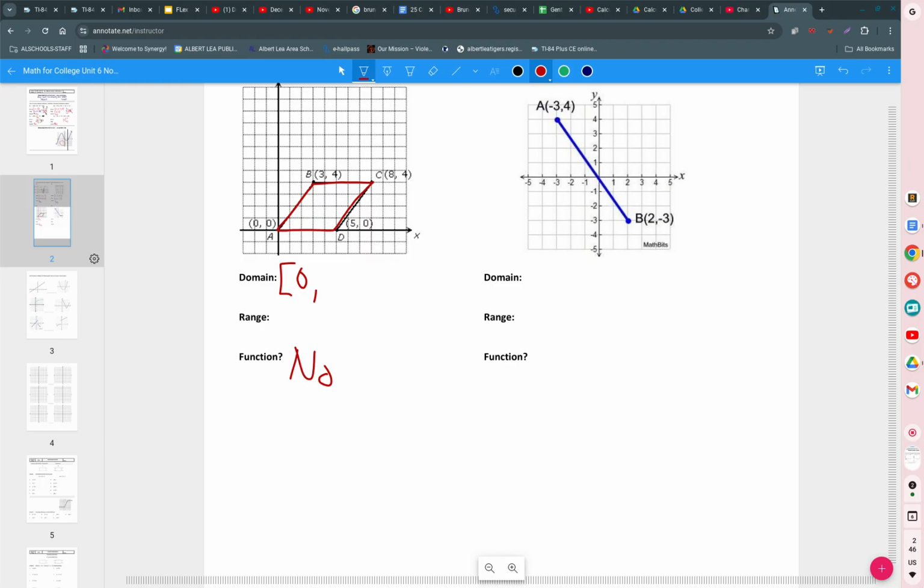Everybody see that? Goes all the way over to an x value of 8. For my range, that's the y values. I start at the bottom and I move up. What's the first bottom value I hit? 0. And I go all the way up to what's the last y value I hit? 4.